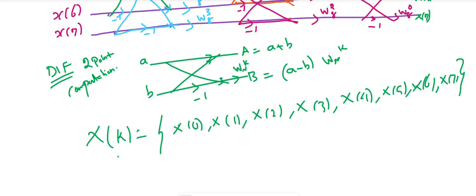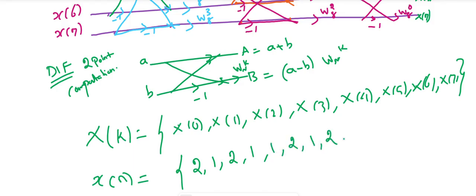Take x of n equal to 2 1 2 1 1 2 1 2 2 1 2 1 1 2 1 2.